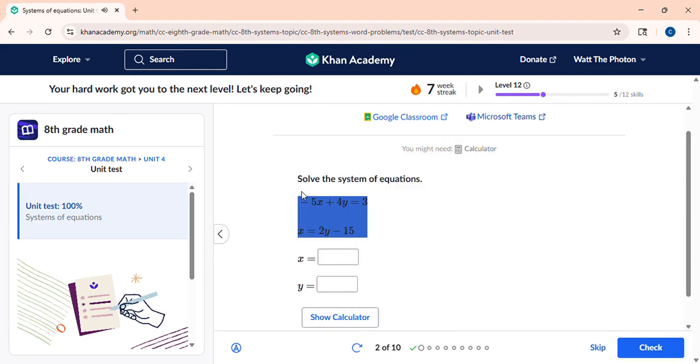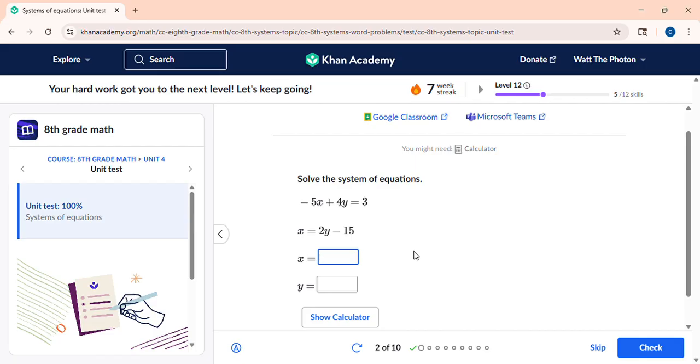And let's solve the system. We have -10y plus, let's see, that's 45, 60, 75, 50 plus 25, yeah, 75, plus 4y is equal to 3.